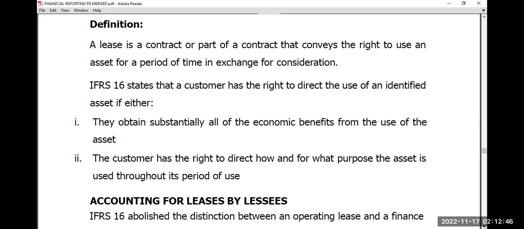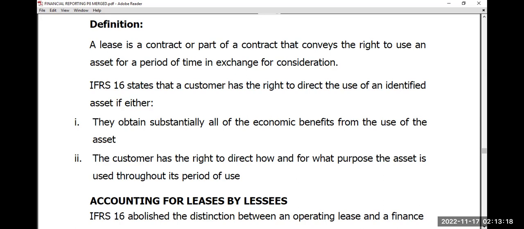If, let's say, you have acquired the asset to manufacture certain items, we expect that you are going to be delivering those benefits after you have leased the asset. The second criteria is that the customer has a right to direct how and for what purpose the asset is used throughout the period of use.